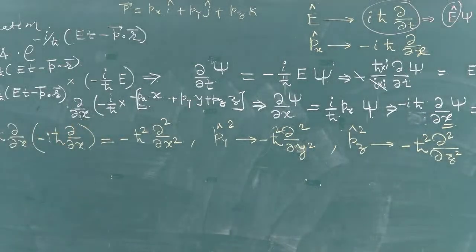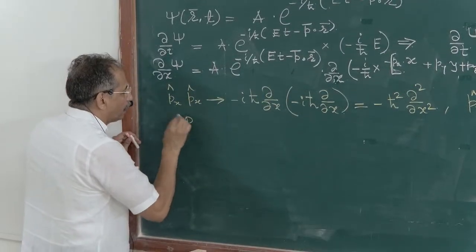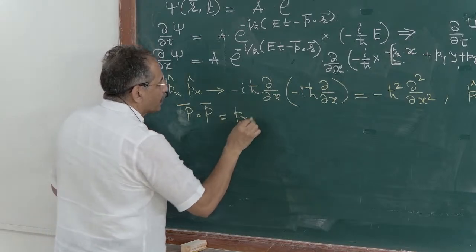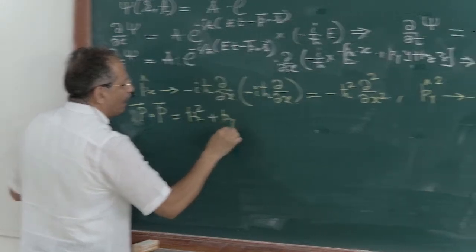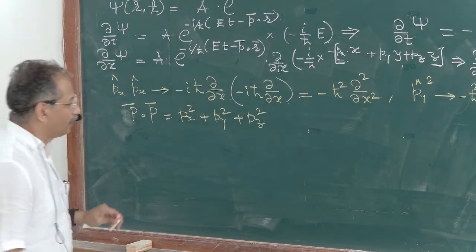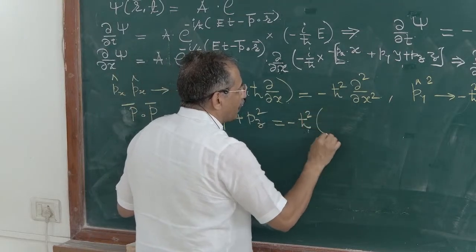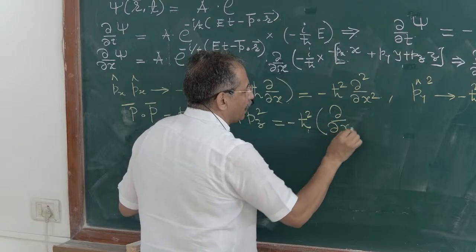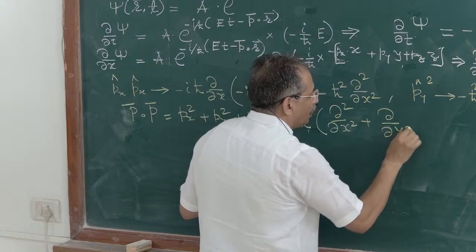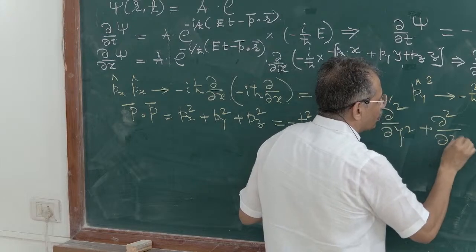And in toto, we can write p bar dot p bar as px square plus py square plus pz square. So we have to sum all three components, that will be minus h cross square inside bracket partial derivative of second order with respect to x plus partial derivative of second order with respect to y plus partial derivative of second order with respect to z.